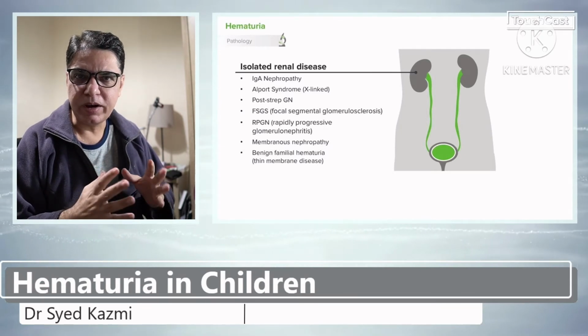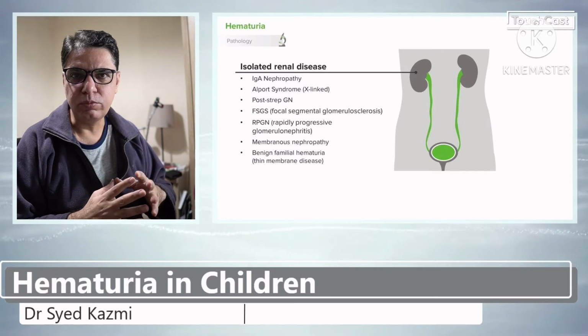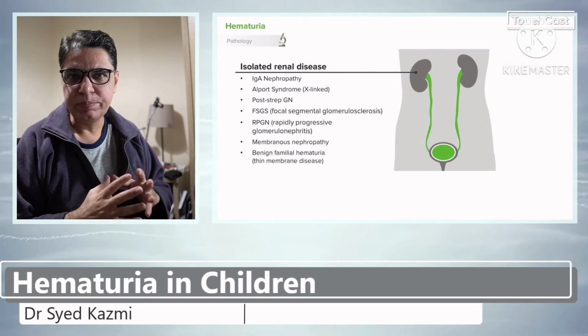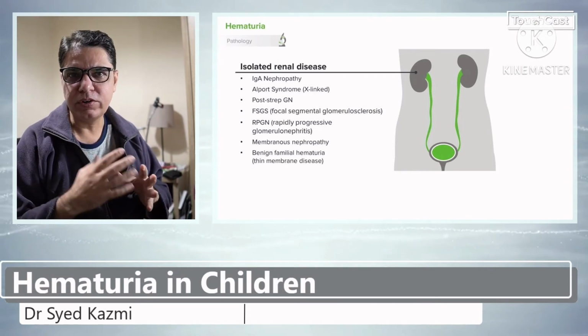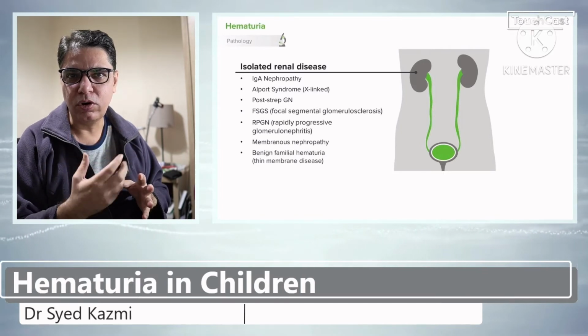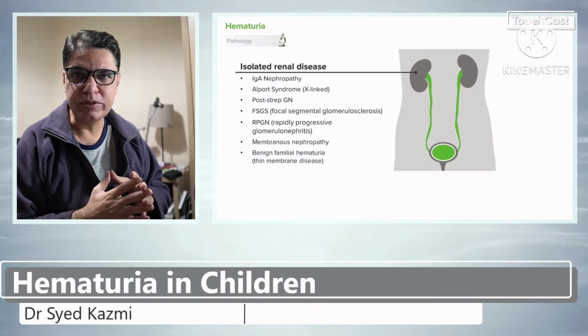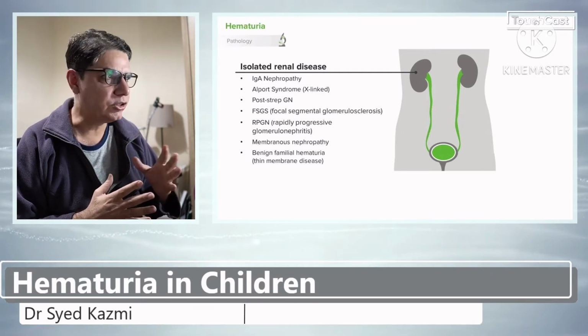Please keep it in mind that sometimes there is confusion whether the hematuria is because of post-streptococcal glomerulonephritis or IgA nephropathy. Post-streptococcal glomerulonephritis usually happens 10 to 14 days after a streptococcal sore throat or a streptococcal skin infection, while IgA nephropathy usually happens 2 to 3 days after an upper respiratory tract infection.